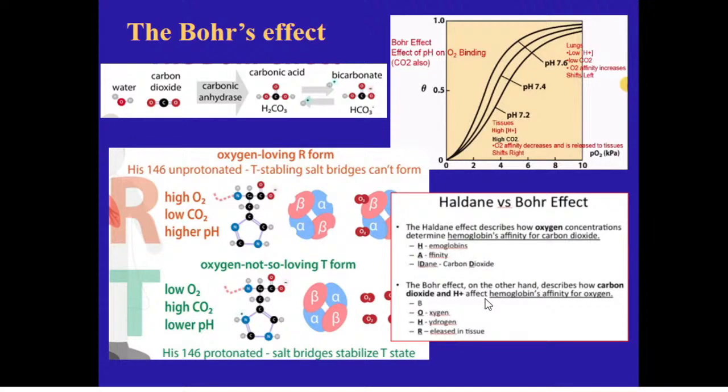Actually, this is one process. We describe it here, but from different sides of dependence. More often we talk about the Bohr effect, but you must also know that there is another point of view on the same process, and sometimes we can meet this Haldane effect. We must understand that this is one process.